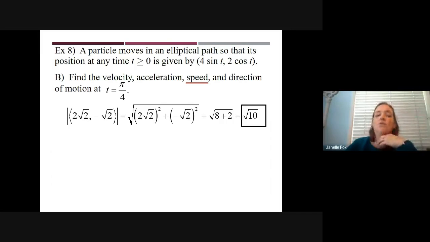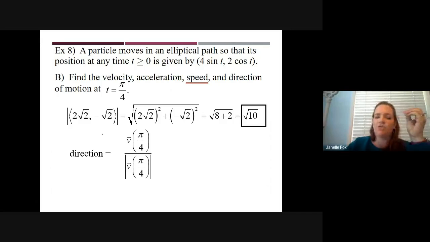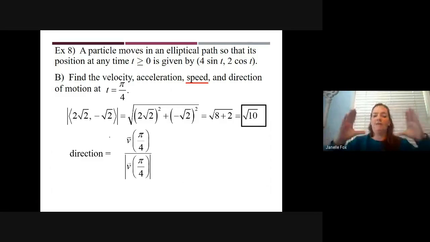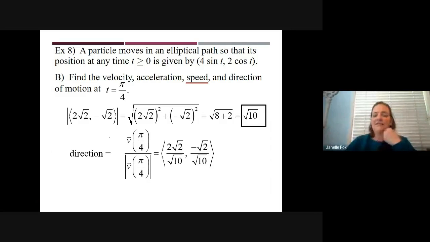Okay. What's the direction of motion? The direction of motion is basically the velocity vector divided by the magnitude, or you can think of 1 over the magnitude, which we just found. It's 1 over rad 10 in front of your velocity vector. And so that's exactly what I did.